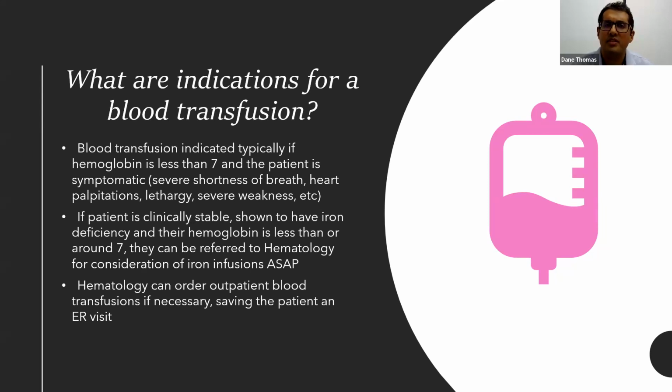If a patient is clinically stable and shown to have an iron deficiency and their hemoglobin is around 7 or less, they can be referred to hematology for consideration of iron infusions ASAP. Hematology can order an outpatient blood transfusion if they feel that iron infusions may not be enough to help with the current anemia, which would save the patient an unnecessary ER visit.